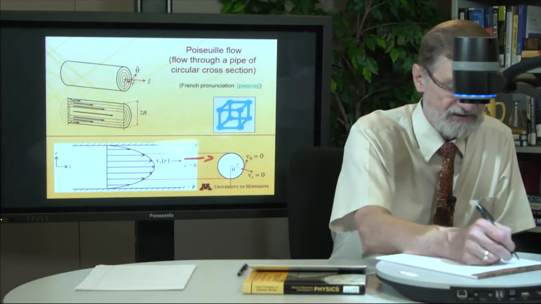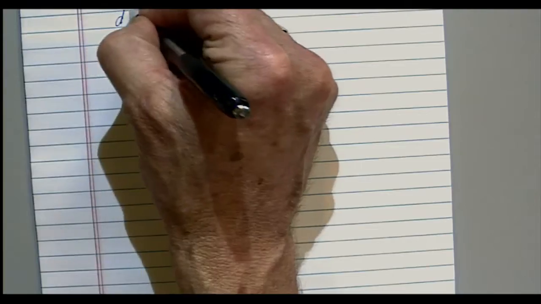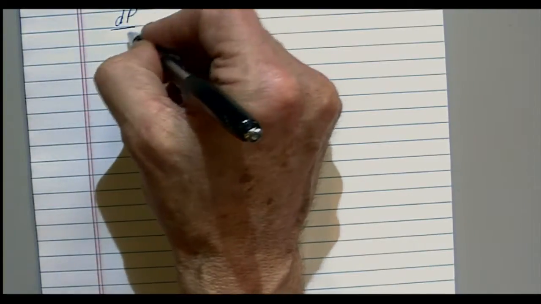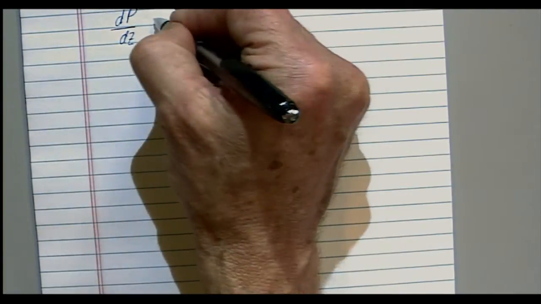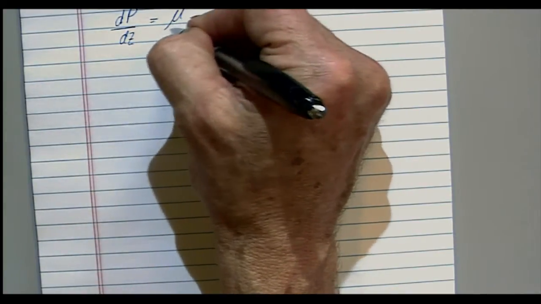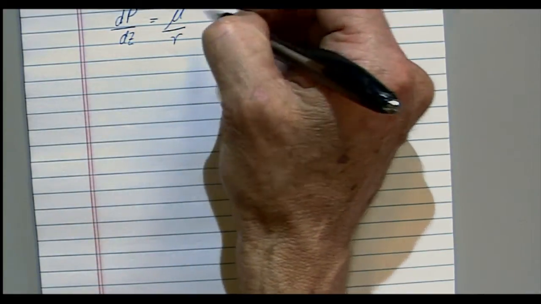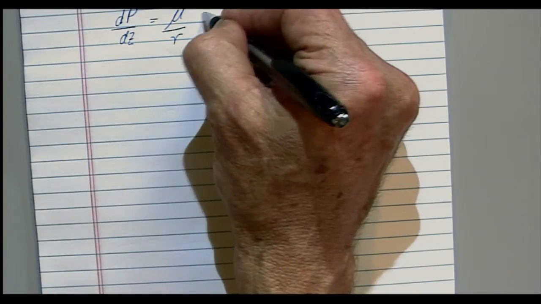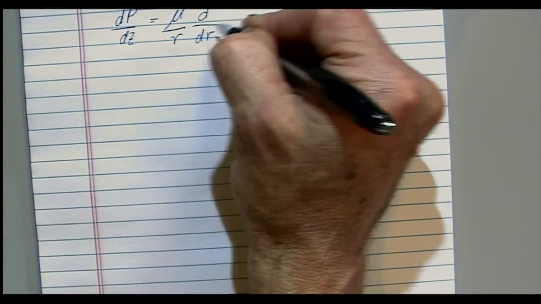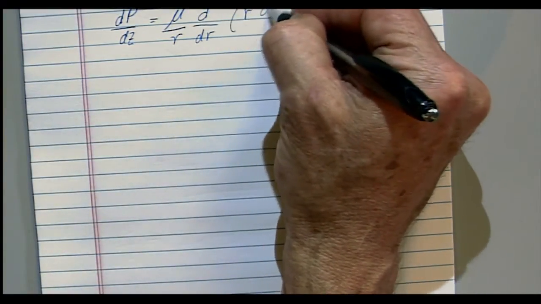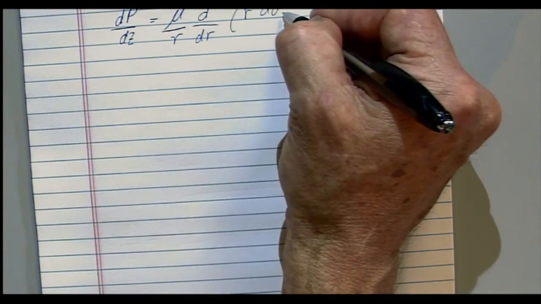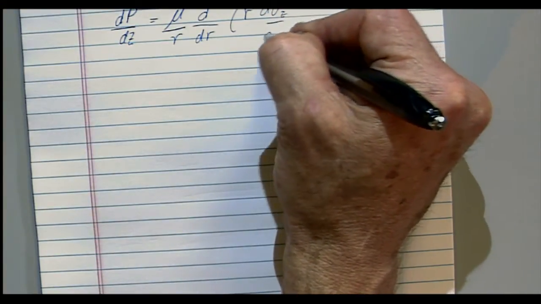And we had an expression that we arrived at last time, that the pressure gradient, dP/dz, is equal to the viscosity divided by the radial position inside the tube times the derivative with respect to r of r times the derivative of the velocity with respect to r.